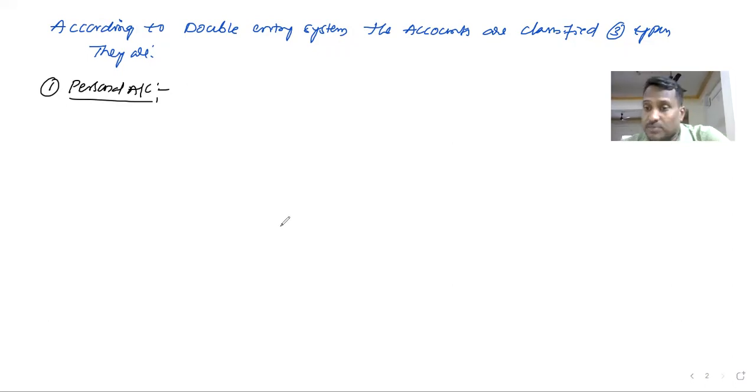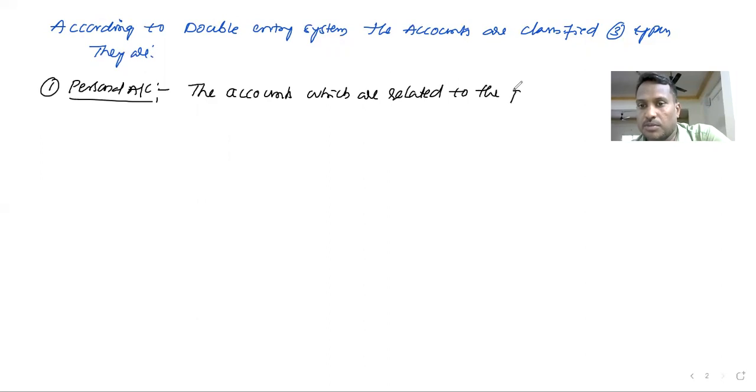So what is the meaning of personal account here? It's very simple. The definition of personal account: the accounts which are related to persons or individuals are known as personal accounts.